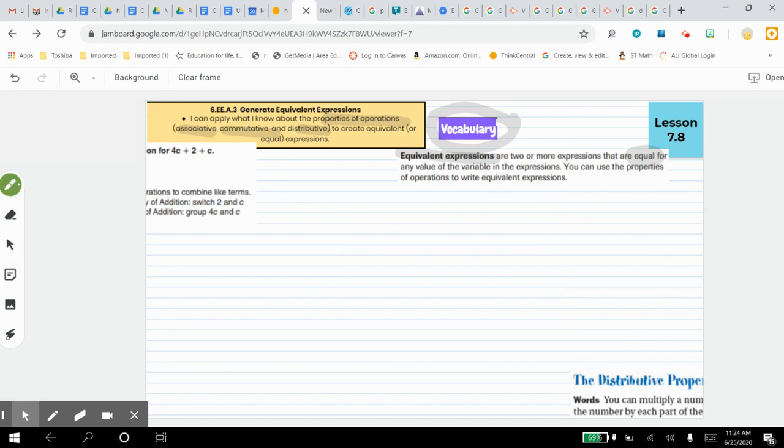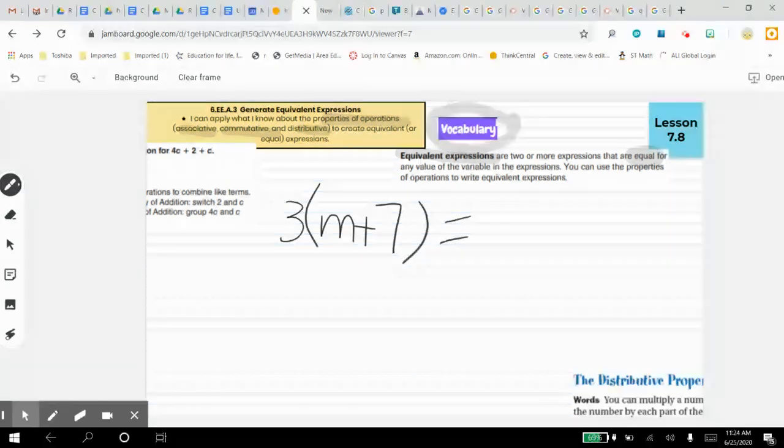So let me give you an example. I'm going to try to do this as quickly as I can. Let's do something. I have 3, and in parentheses, I have m plus 7. How can I make an equivalent expression, something equal?